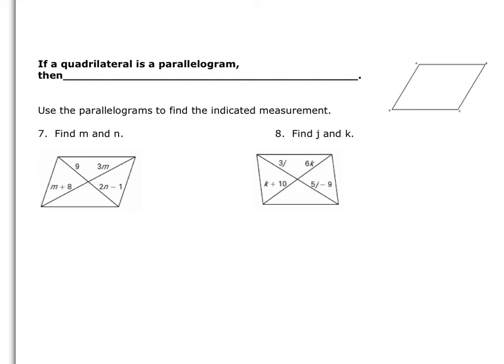Alrighty. This one, if a quadrilateral is a parallelogram, then the diagonals bisect each other. All right, so diagonal.